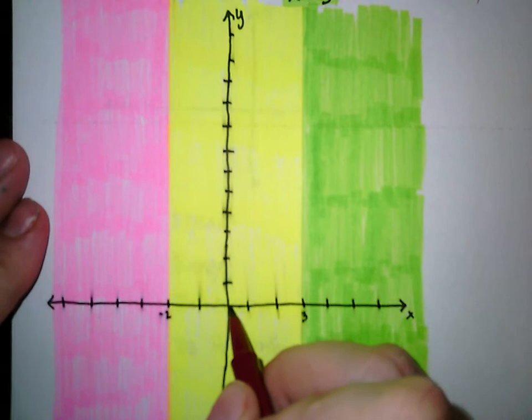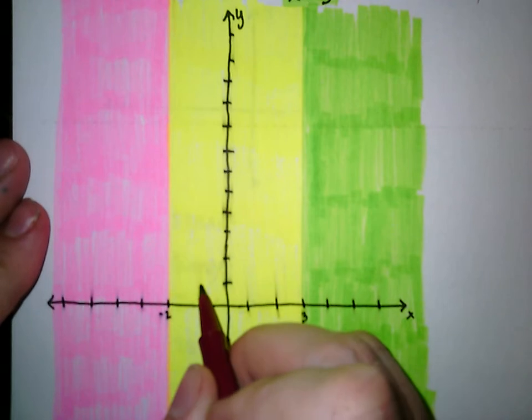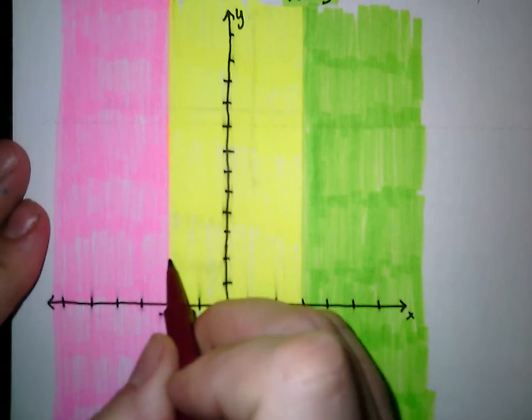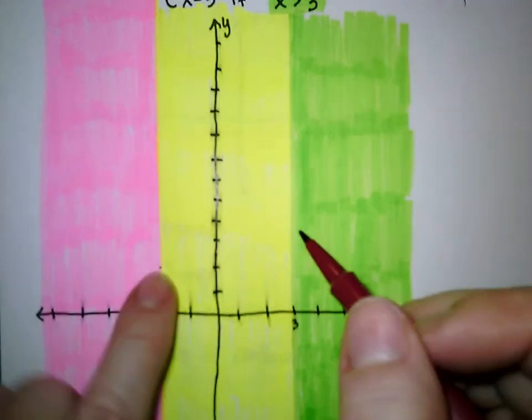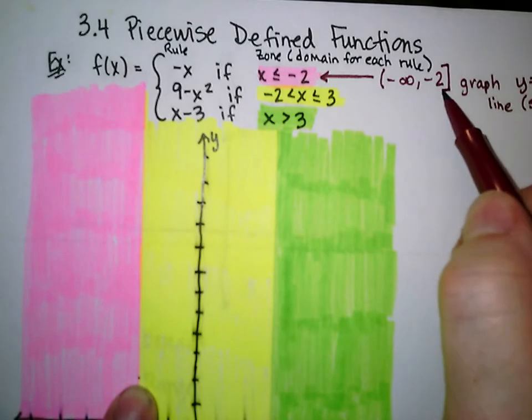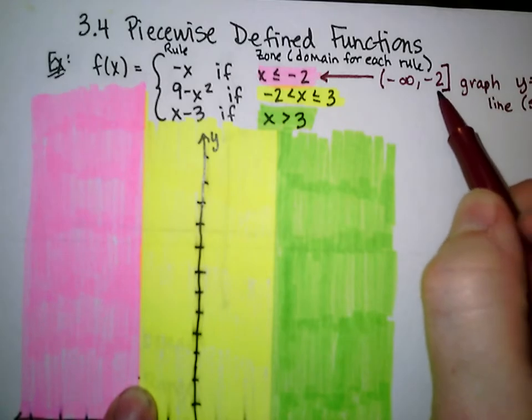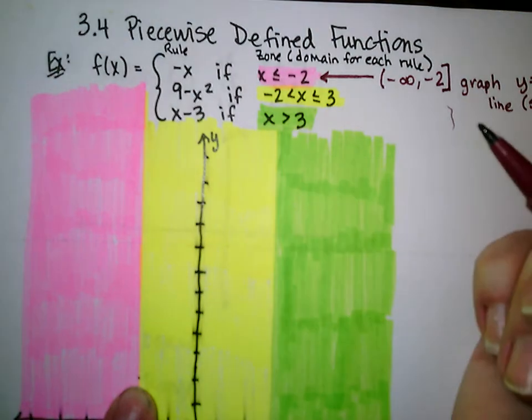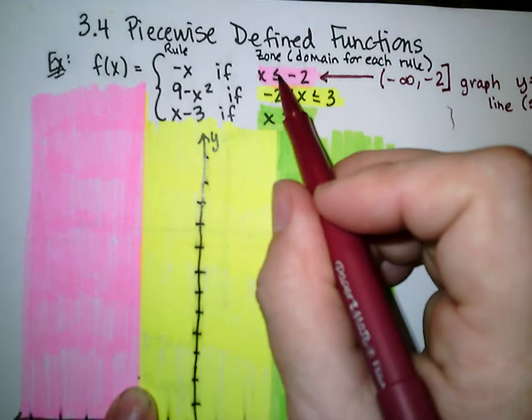So then I use my slope of -1, so up 1, left 1. I still don't get to graph that dot. Up 1, left 1. Now here's where I get to start graphing. So I'm just going to put a little dot there. I need to decide if that's going to be an open circle or a closed circle. So I look at my boundary, and that is going to be a closed boundary because it was the less than or equal to.